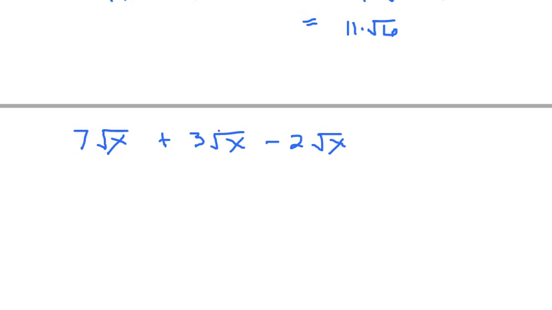Since they all have the same index number and the same radicand, we just add their coefficients, and so we end up with 7 plus 3 is 10, and 10 minus 2 is 8. So 8 times the square root of x. And of course, we could also look at it by factoring out the square root of x. You get 7 plus 3 minus 2, and of course we'd end up getting 8 there. Okay.